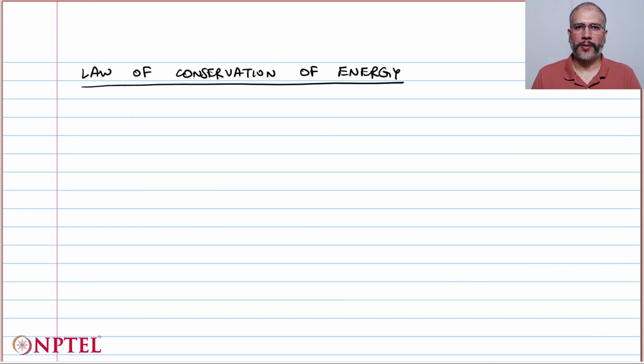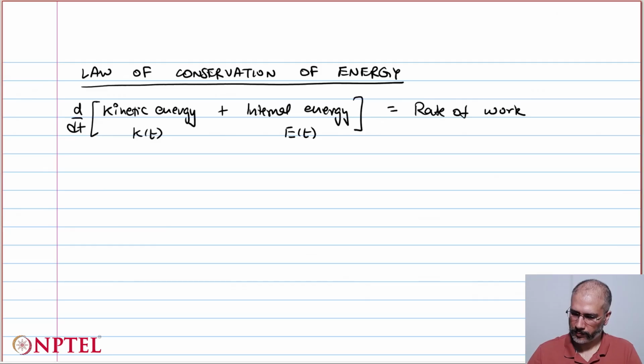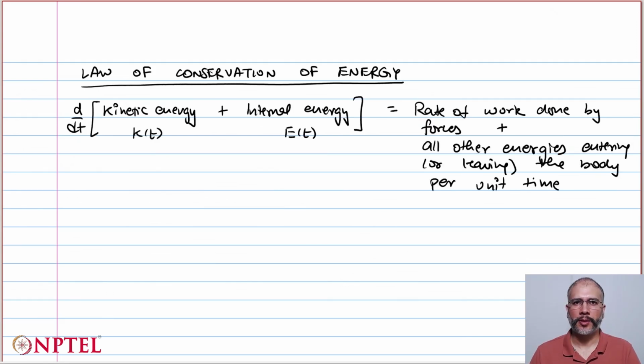So the law of conservation of energy can be stated as follows. We say that the time rate change of the sum of the kinetic energy and the internal energy, that is K(t) and E(t), is equal to the rate of work done by the different forces acting on the body plus all other energies that are entering or leaving the body per unit time.